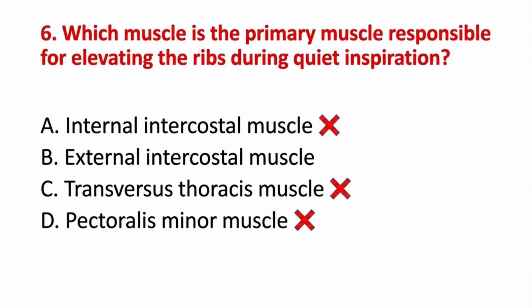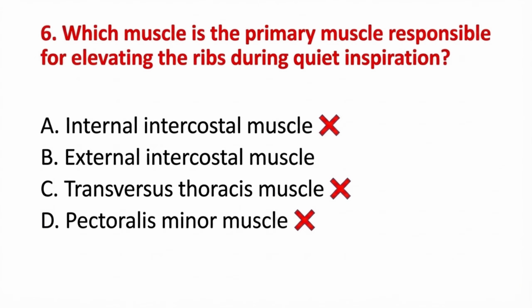Option D is incorrect because the pectoralis minor muscle is an accessory muscle that can assist breathing when the upper limb is fixed, but it is not the main muscle for quiet inspiration.